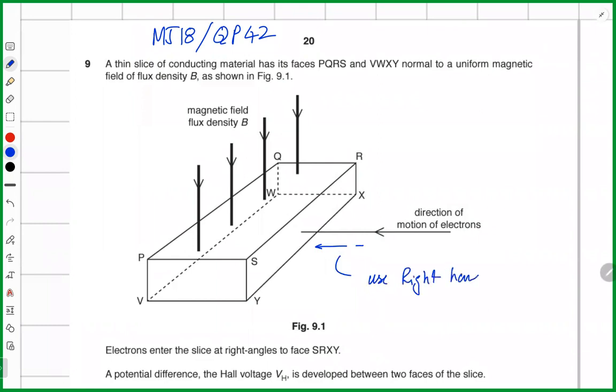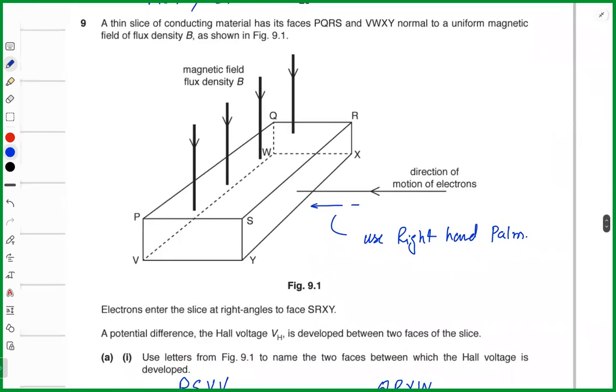For current, we use left hand. For electrons, we use right hand. Your fingers should be pointing down. The palm should be towards left.